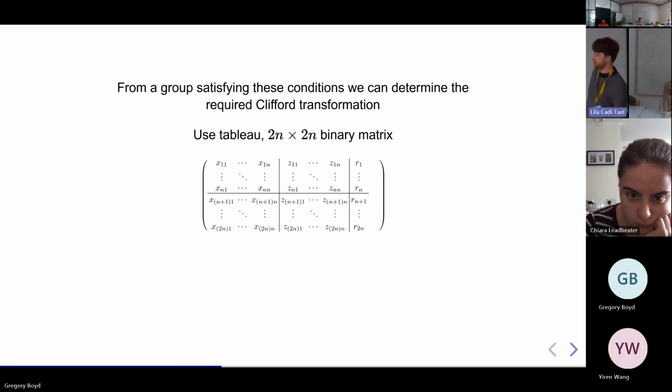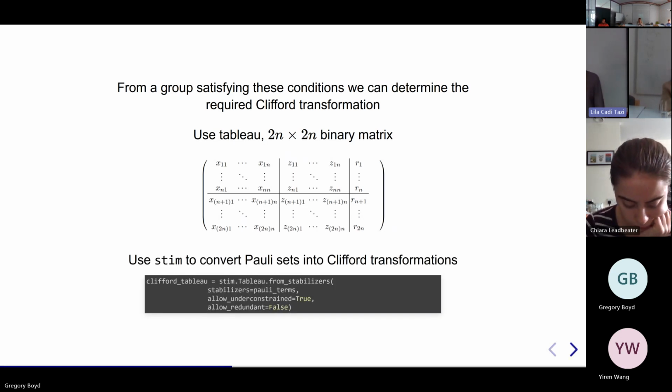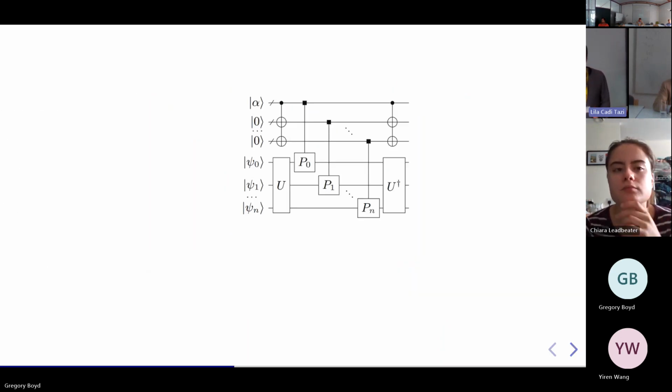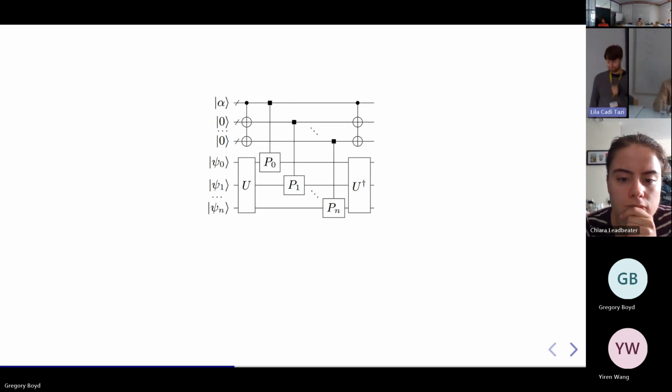These Clifford transformations can be represented as a 2n by 2n binary matrix. And there exists code in libraries where I can literally put in the Pauli terms and it will just spit out this matrix, which was very convenient. Okay, so we know what the sets are, and we also know what the transformation is.